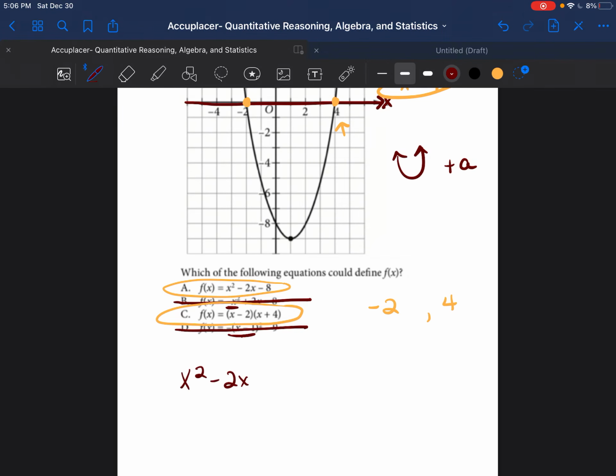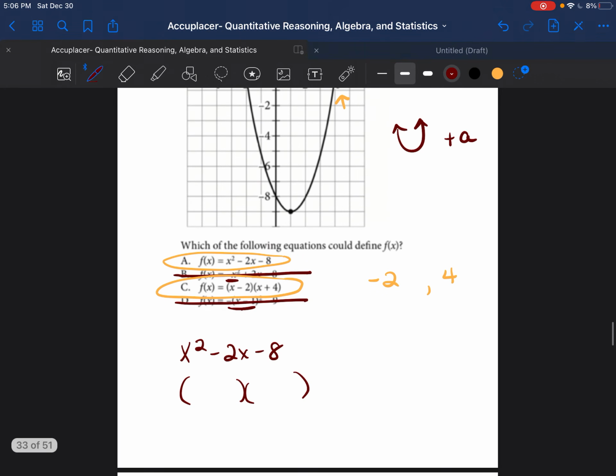x squared minus 2x minus 8. We have to factor it first before we can solve. So we're trying to find 2 numbers that multiply to get -8 and add to equal -2. So I'll do -4 and 2. So it'll be (x - 4)(x + 2).